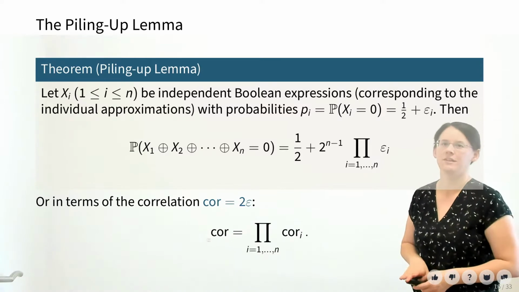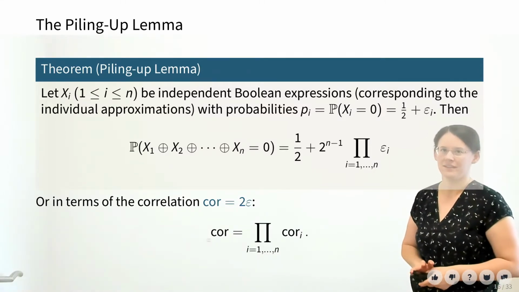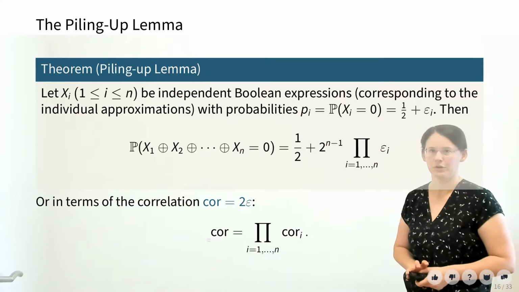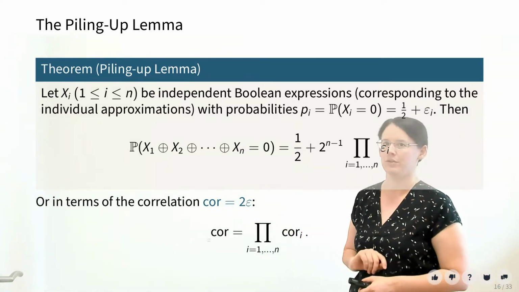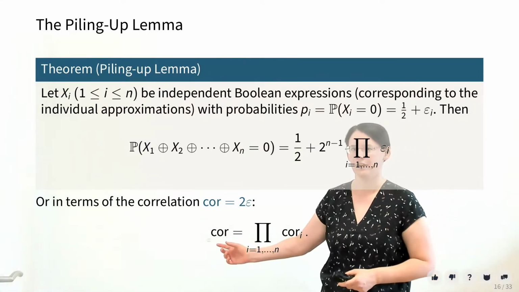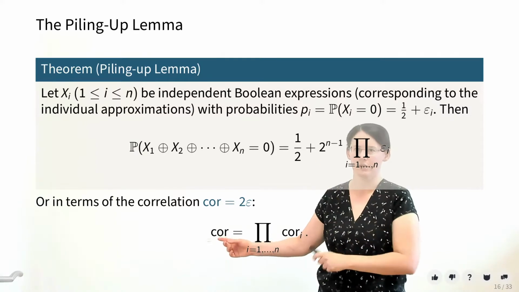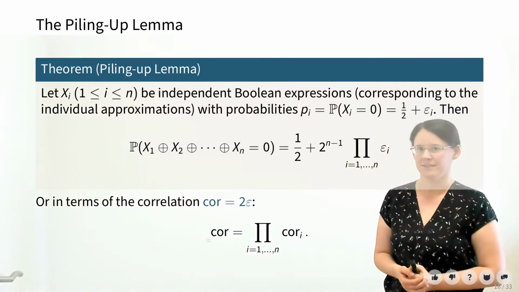And here we can now see why the correlation is a bit more comfortable than the bias to work with, because if I write exactly this equation in terms of the correlation, the result is simply that the total correlation of my equation for the full cipher is simply the product of all intermediate representations.